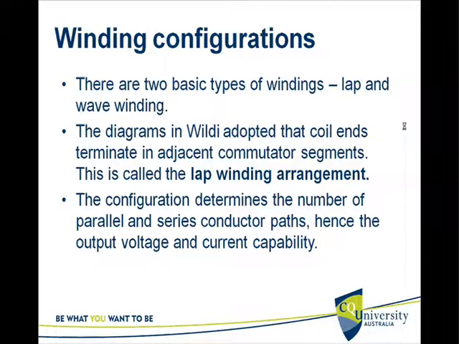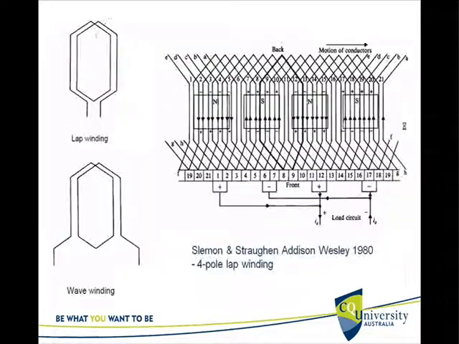This is called the lap winding arrangement. I've got some figures coming up soon. The configuration determines the number of parallel and series conductor paths, hence the output voltage and the current capability.